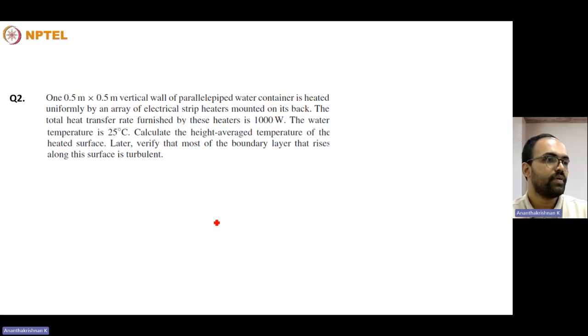The total heat transfer furnished by these heaters is 1000 watt. The water temperature is 25 degrees Celsius. Calculate the height average temperature of the heated surface. Later, verify that most of the boundary layer that rises along the surface is turbulent. Try to solve it, and I'll also try to solve it in a couple of minutes.